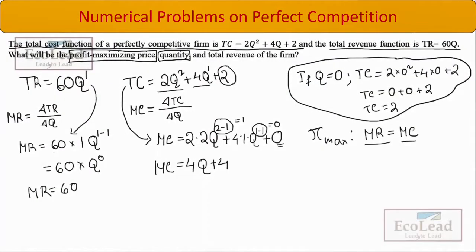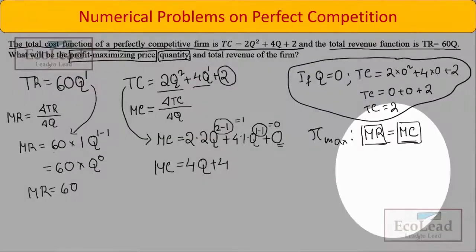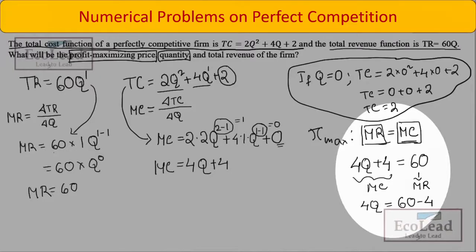Now we need to plot the value of the MR and the value of the MC that we have derived in the profit maximizing condition. 4Q plus 4, which is our MC, that must be equal to 60, which is our MR. Let us solve this for Q. So we can write here 4Q equal to 60 minus 4 or 56.